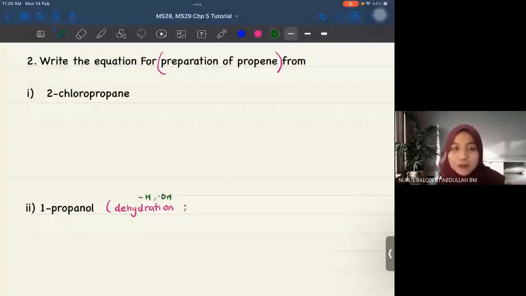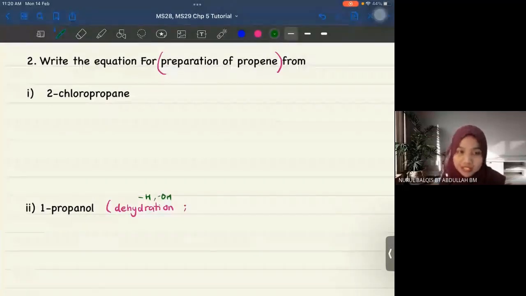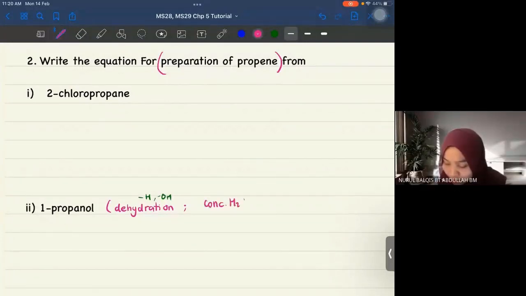Okay, bila kita nak remove H dengan OH, we can see we have OH in here characterized by base, because they got lone pair. Means kalau kita nak guna reagent, kena yang counteract the base. Means kita akan guna acid catalyst. So can you please tell me the reagents untuk dehydrations reaction? Concentrated H2SO4 and heat, right? Okay, so this is the reagent.